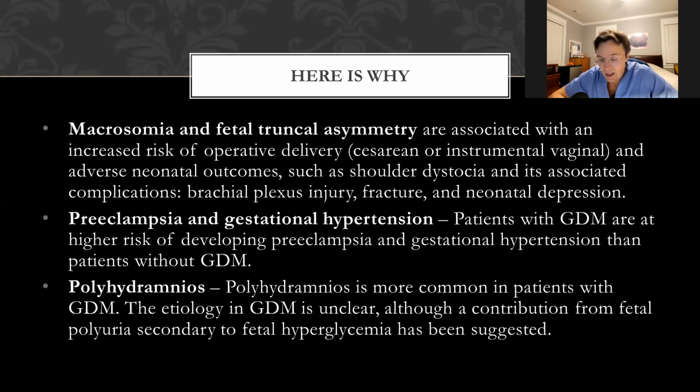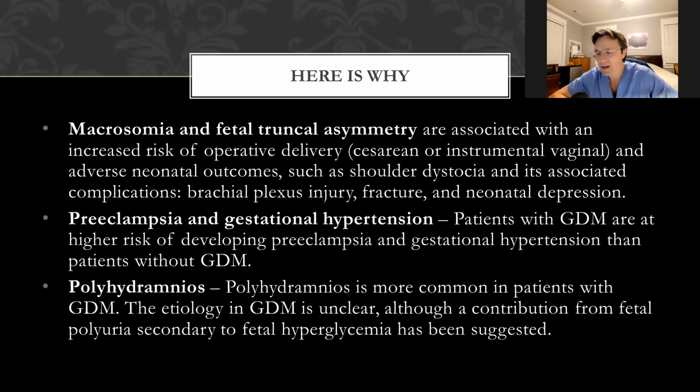It just doesn't fit, and you can't acquit, right? So this is one of the problems. And on top of that, we have preeclampsia, right? We have gestational hypertension. They've been associated with gestational diabetes mellitus.